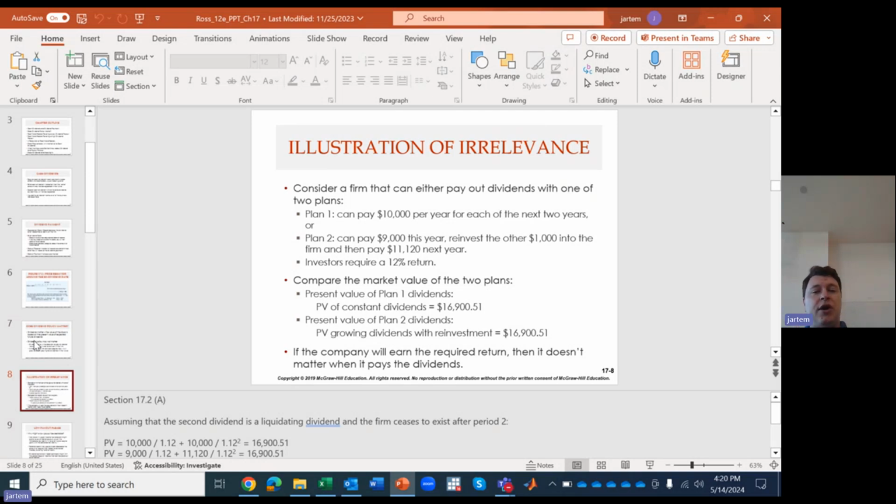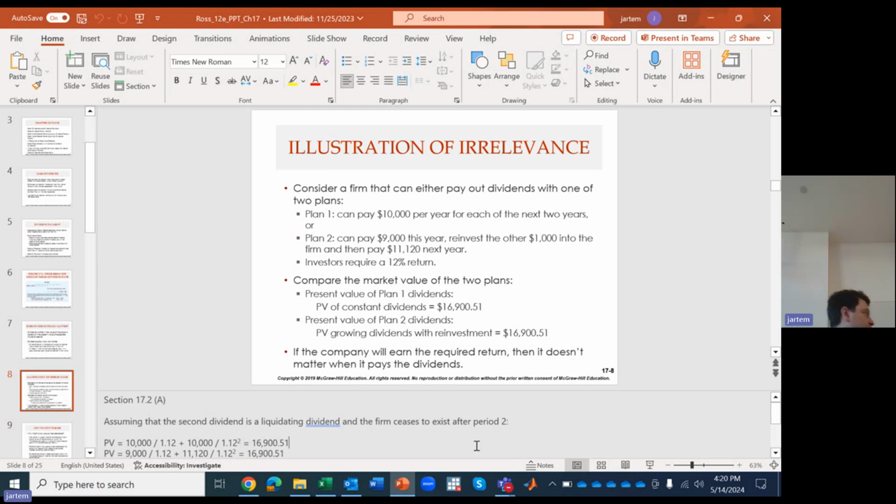Okay, so let's compare market values. If you have constant dividends, if you're looking for where the calculation is, it's down here in the notes. All we do is discount these dividend payments to present value. And if you discount them to present value, well, then you get $16,900.51. But the alternative payout method, because it just so happened that the firm's rate of return was 12% and investors require 12%, well, you just reinvested the money back, right?